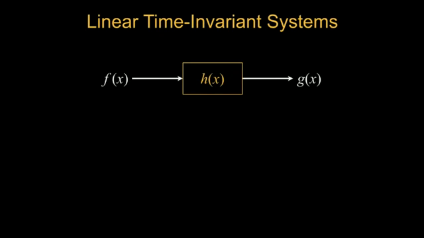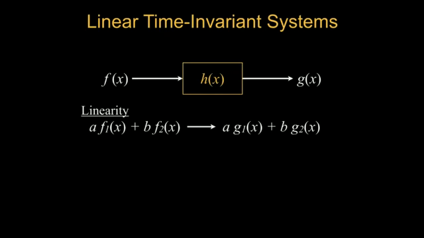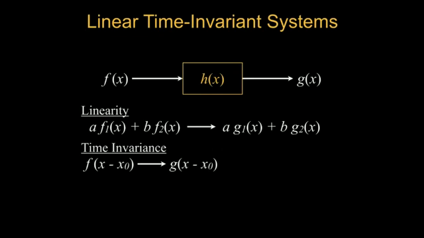However, there are certain classes of signals where if you guarantee linearity of the system and time invariance of the system, then you can write this whole operation as a convolution. And as you see here, we can define the system output g of x as the convolution of f of x and h of x.